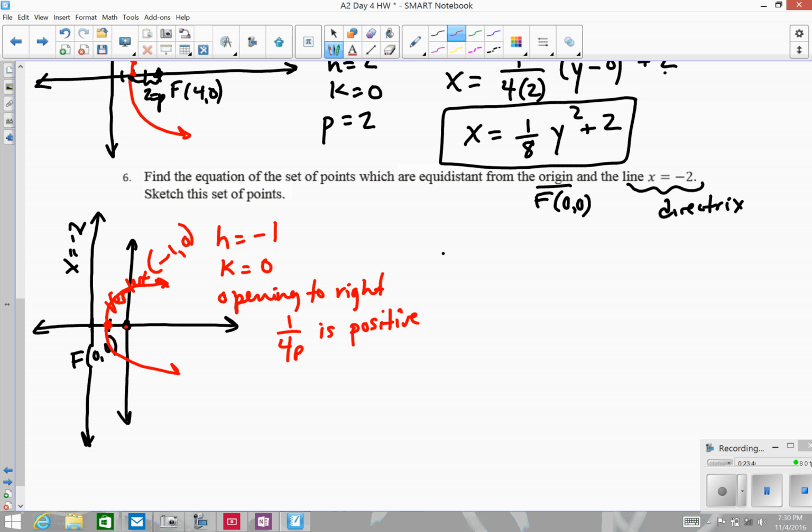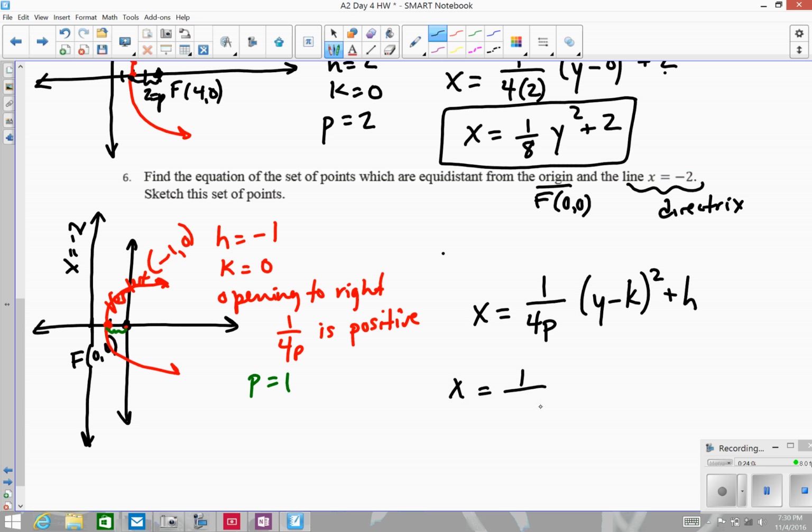I need that value of p, which is the distance from the vertex to the focal point, or the vertex to the directrix. That looks to be 1 unit. So I'm all set now, everything we need to write the equation. X equals positive 1 over 4p, y minus k quantity squared plus h.